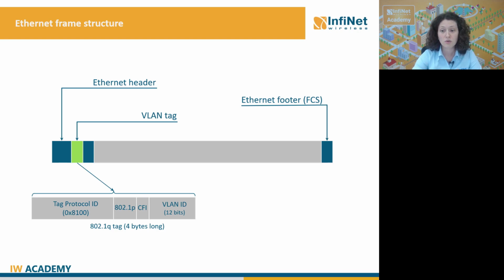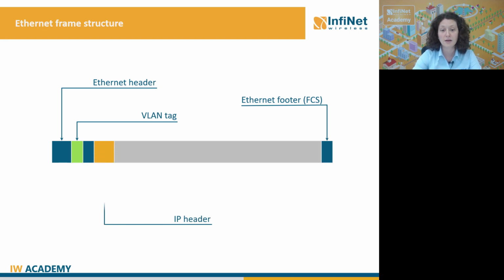The 802.1q tag is a 4-octet field, and the first two octets are called the tag protocol identifier, in our case 8100. The last two octets include the VLAN ID and the 802.1p priority, with which you are already familiar. Moving forward, additional protocols will add their own header.